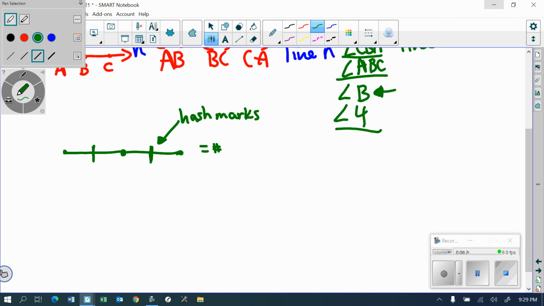Equal numbers of hash marks mean congruent segments. Okay, so you have to have that memorized. So if I put another one on there, that means those are not congruent. They're different lengths. Okay, so know that.